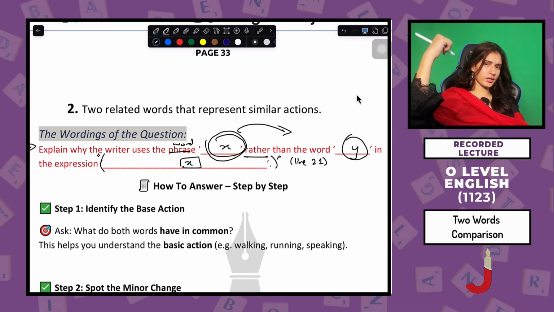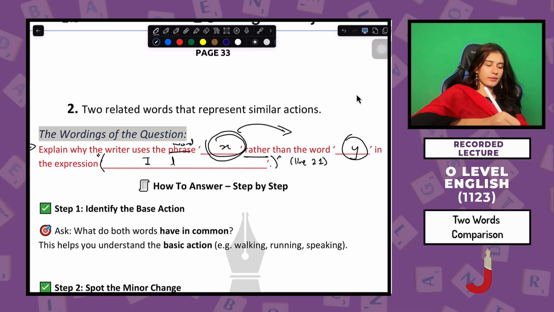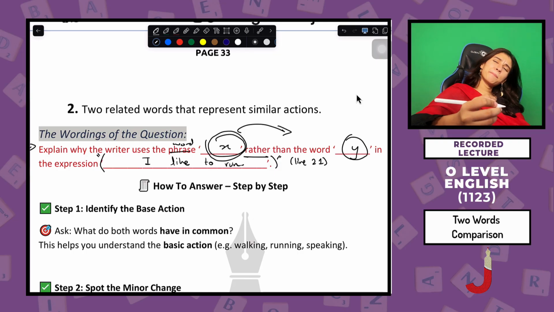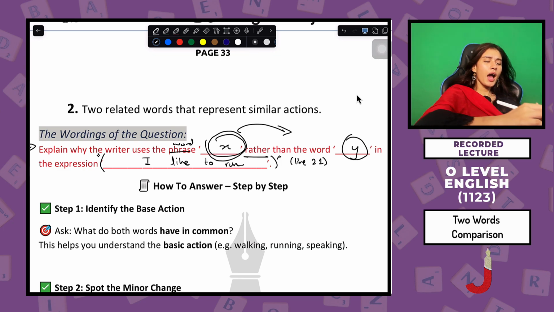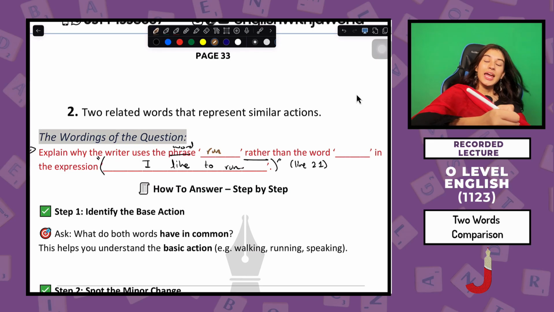Now think about it. Imagine the sentence in the text is, I like to run. An example possible. And the question is, why has the writer used the word run instead of the word dash?